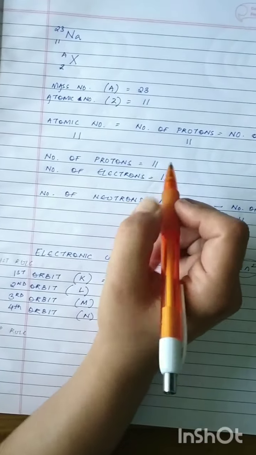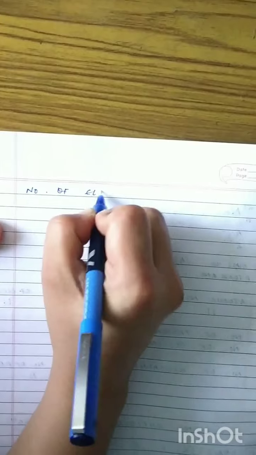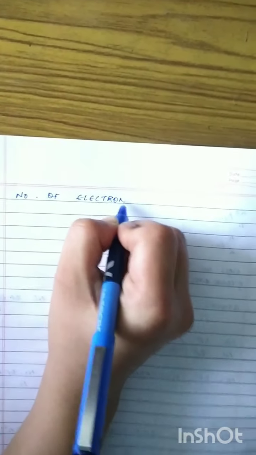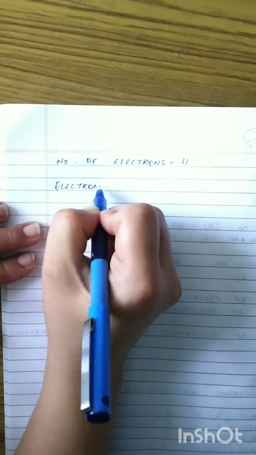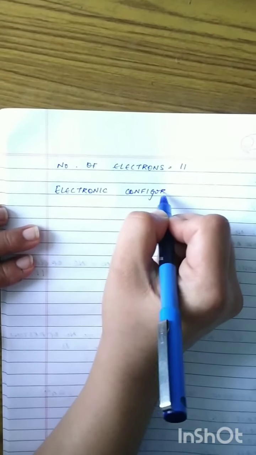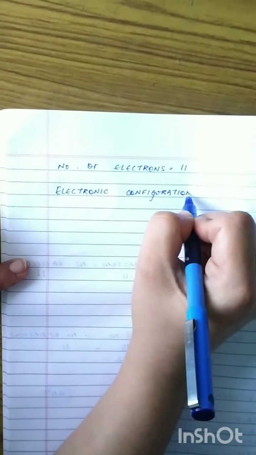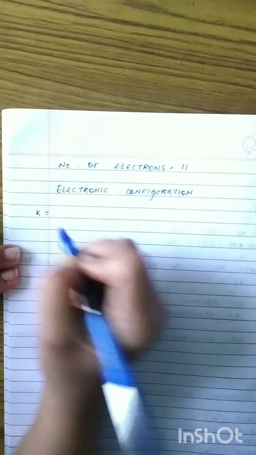Number of electrons in sodium is 11. So let's do the electronic configuration. So I told you first orbit, that is the K orbit, will have how many electrons?